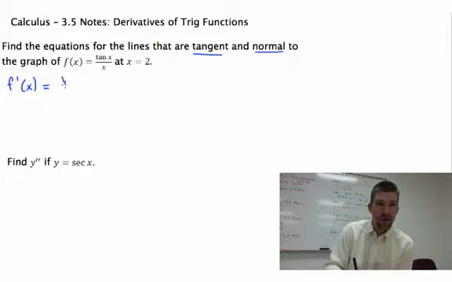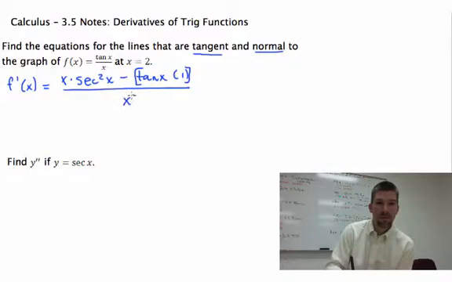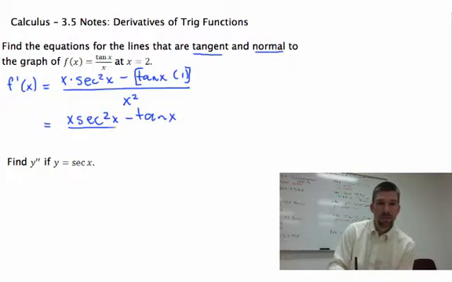So I'm going to have low d high minus high d low all over low. Okay? And on the top, I'm going to end up with x secant squared x minus tan x over x squared. This is my derivative of my original function.